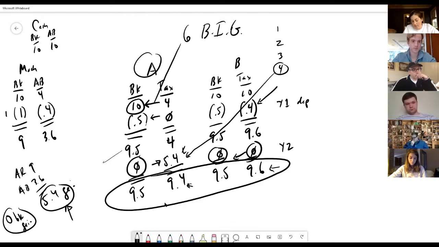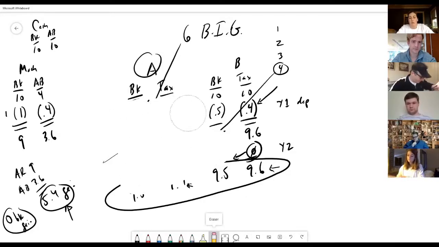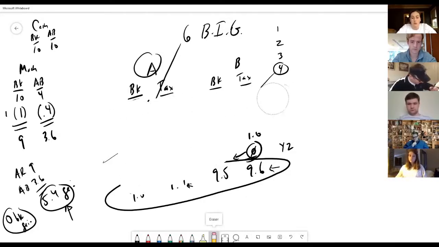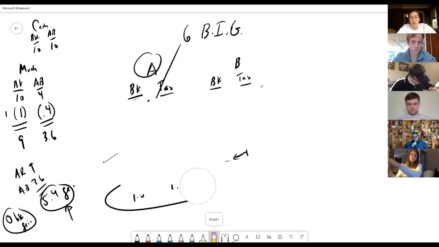Okay, so that is, let's just do one other modification. Let's say same facts, except the property in A's hand had a basis of 6 instead of 4.